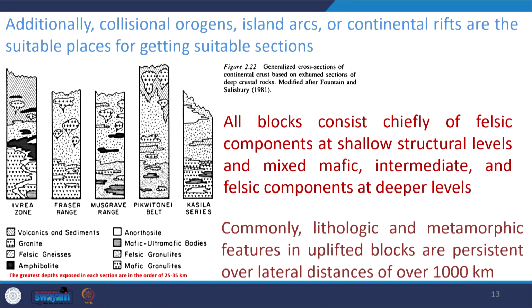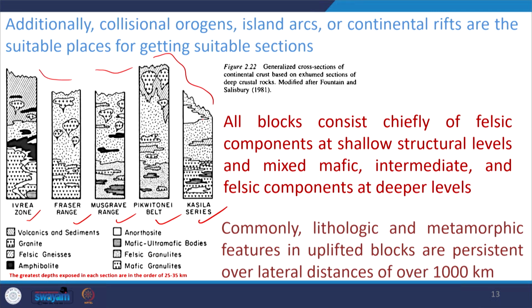Additionally, we have collisional origin, island arcs, and continental rifts, which are suitable places for studying the lower continental crustal composition. If you see here, there are different orogenic belts from where these deeper continental crust rocks were studied.